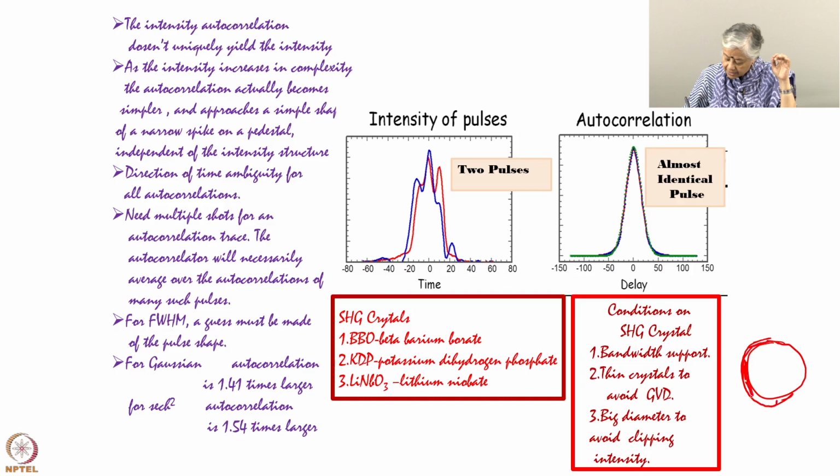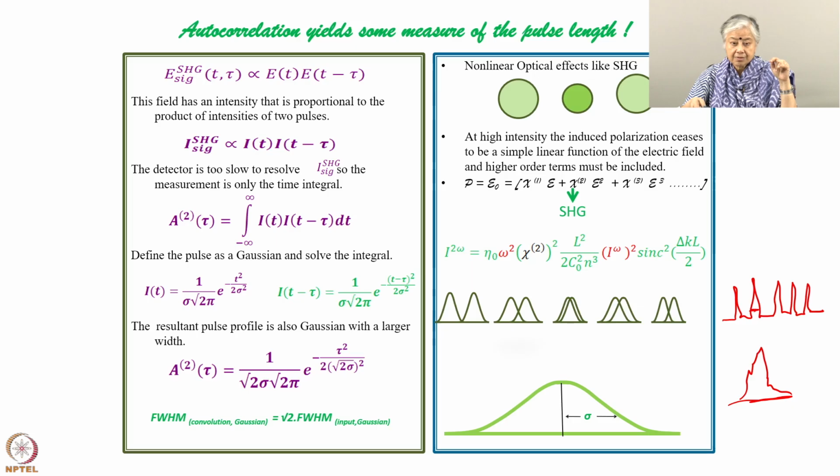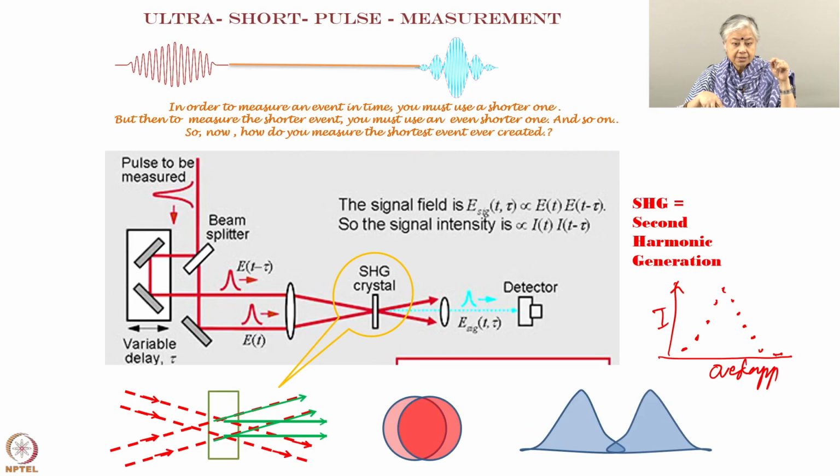This shaded part is very thin, but this diameter is large, so that the two beams can overlap nicely in the crystal. See here, these two beams should be able to overlap nicely on this crystal.